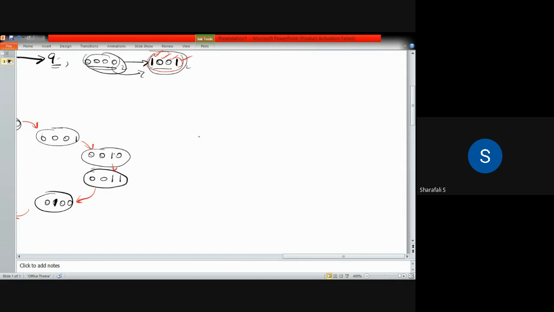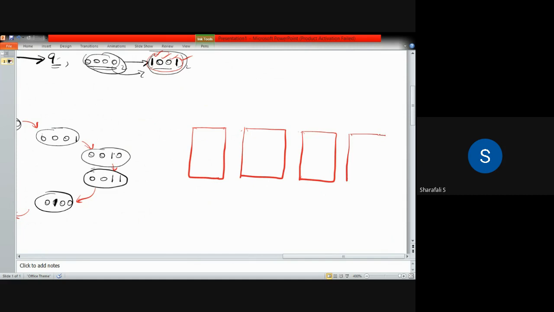In other words, we need 4 flip flops: 1, 2, 3, and 4. Because we are having 4 bits in our binary number, we need 4 flip flops like this, and these flip flops have to be connected.